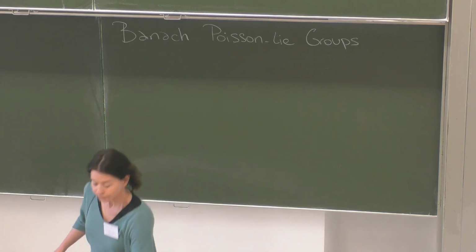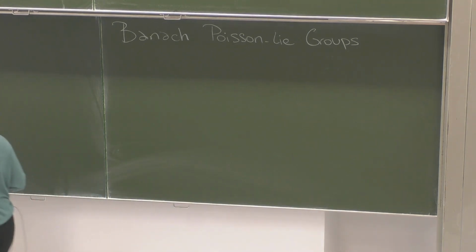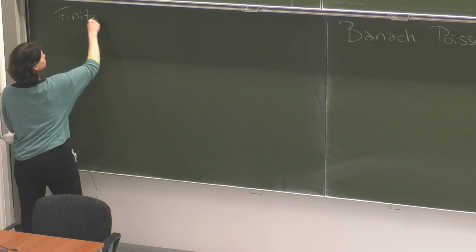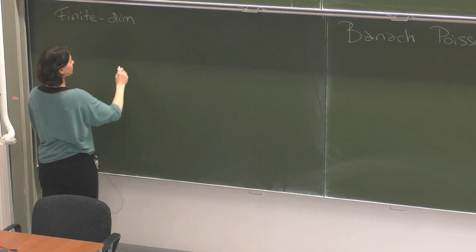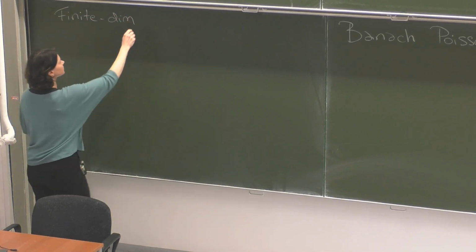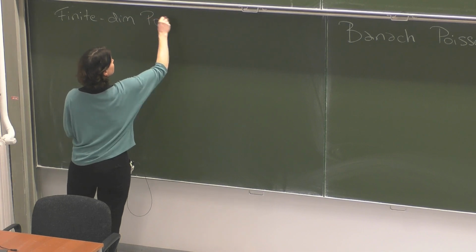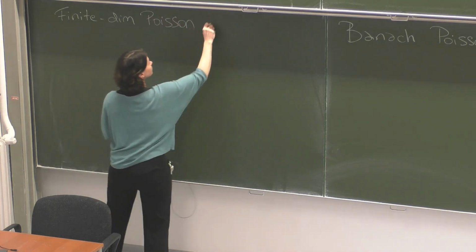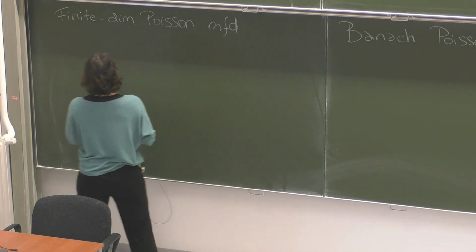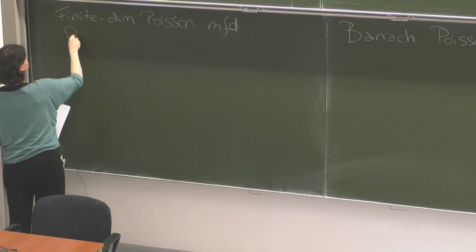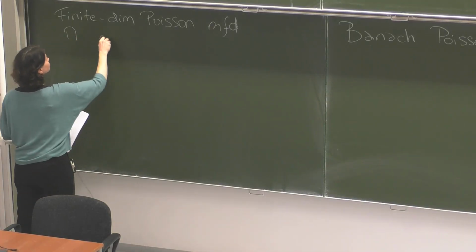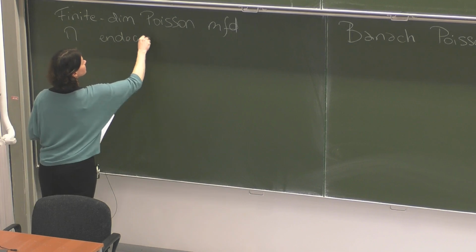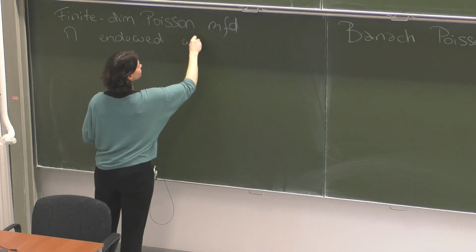Okay? So for a finite dimensional manifold, in the finite dimensional case, I should write large, I think. So what it is, a manifold M, a manifold endowed with a bracket.